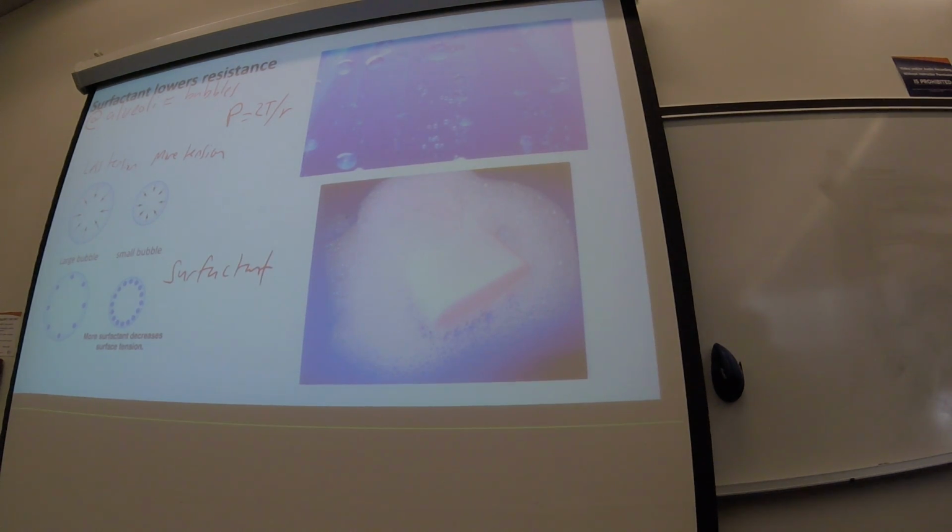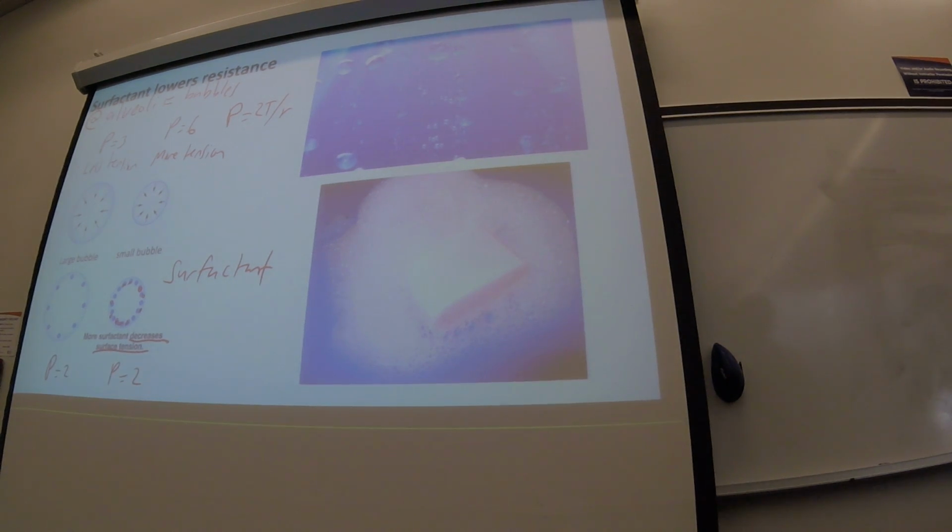Surfactant basically intercalates with whatever is making the bubble, whether it's water, membrane, mucus, whatever it is, and lowers the tension. It decreases the surface tension. So in this situation, if the pressure here was 3 and the pressure here was 6, if you add surfactant, then you can get the pressure to drop.